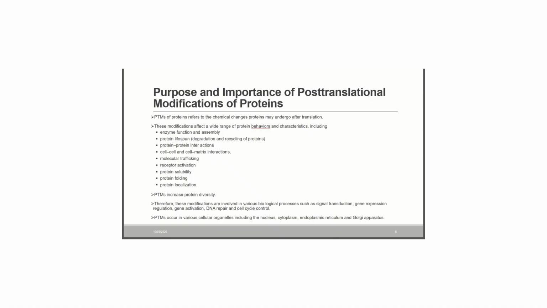So the purpose and importance of post-translation modifications, as I mentioned, are the chemical changes of proteins that might occur after translation. These modifications affect a wide range of protein behavior and characteristics, including enzyme function and assembly, protein lifespan.